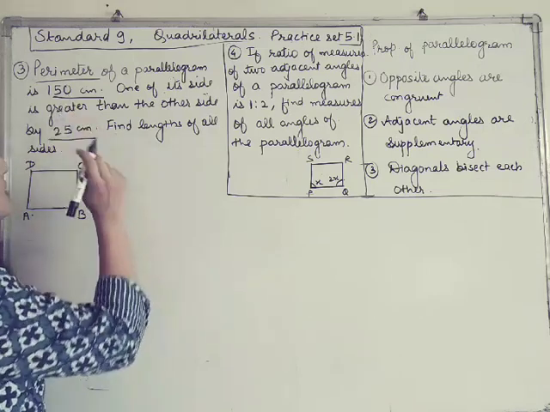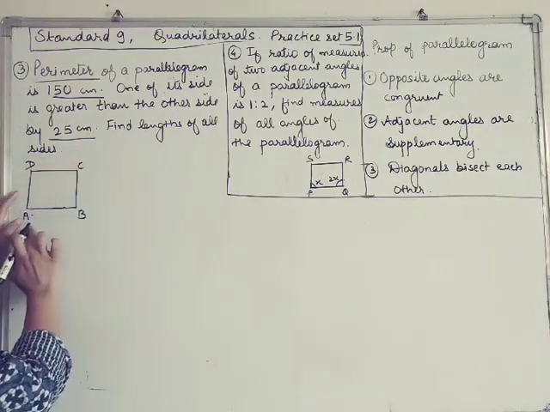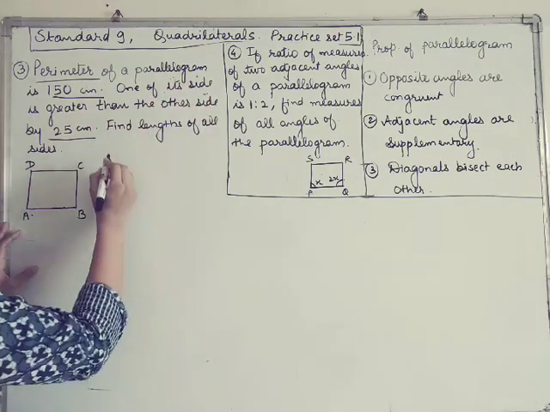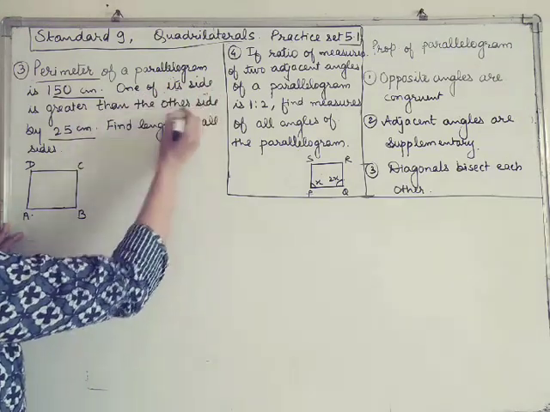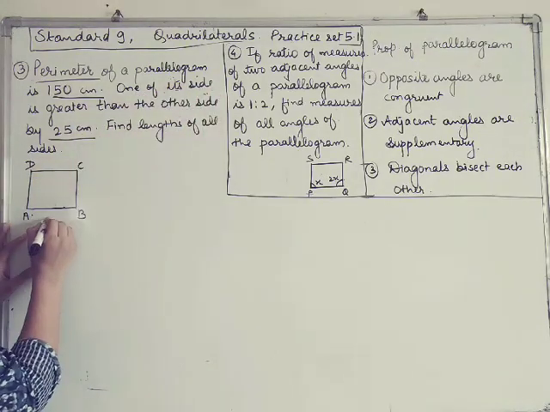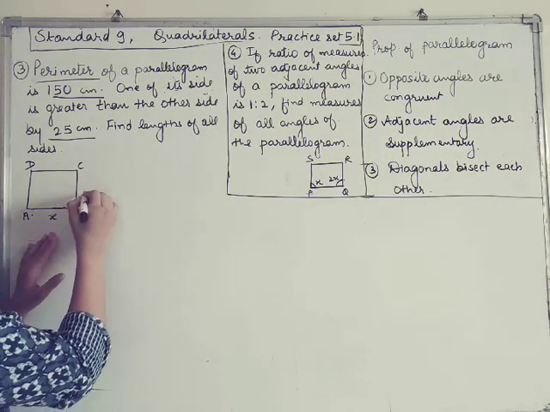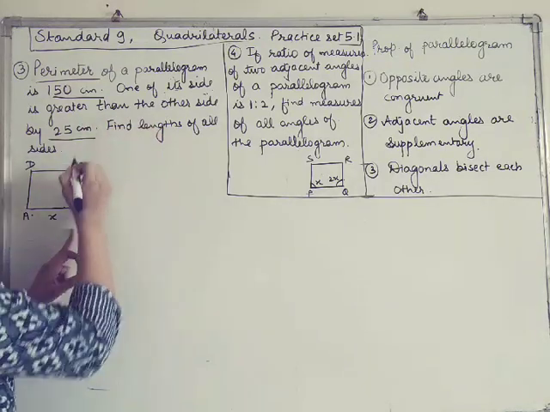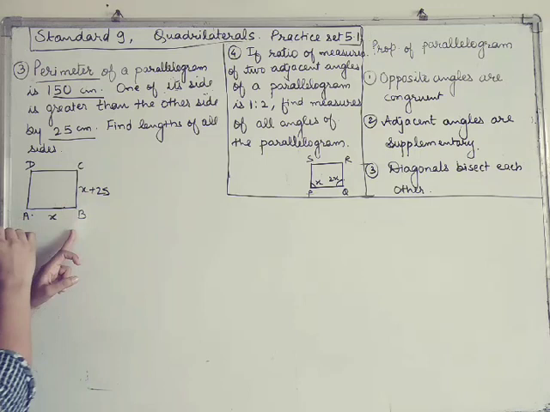So how can we use this? Solution. Okay, so perimeter is 150 and one side is greater than the other side. One of its sides is greater than the other side by 25. So let's suppose AB is X. So the other side will be greater by 25, so here it will be X plus 25. Okay.